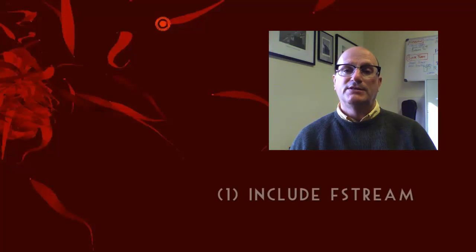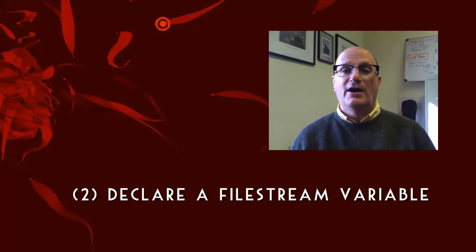There are 5 steps that you will need to do every time that you utilize a file, whether it's an input file or an output file, when you use one in your program. First step is you need to include the fstream header. Number 2 is you need to declare a data type of that file stream, whether it is an input stream or output stream.